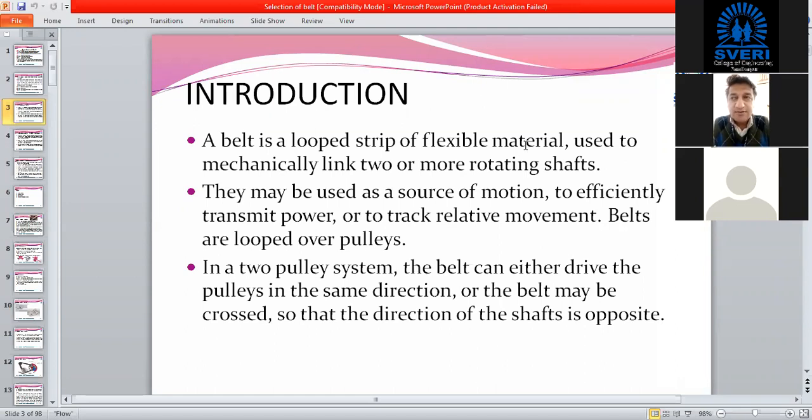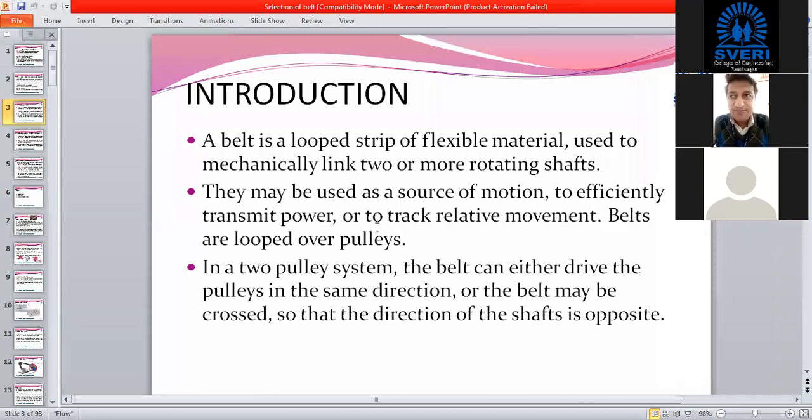All these shafts are run with a single belt, which is connected again to the crank, right? In further slides I will show the picture of that. Then they are used as one important source of motion, and to efficiently transmit the power.